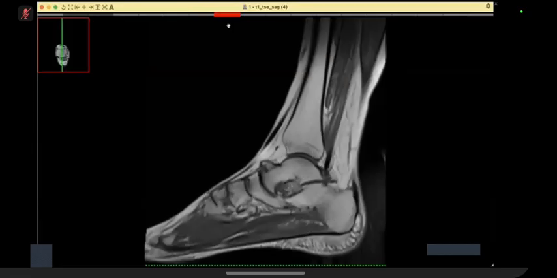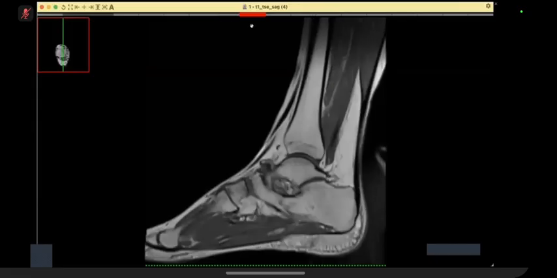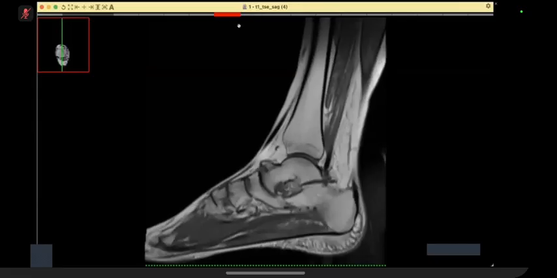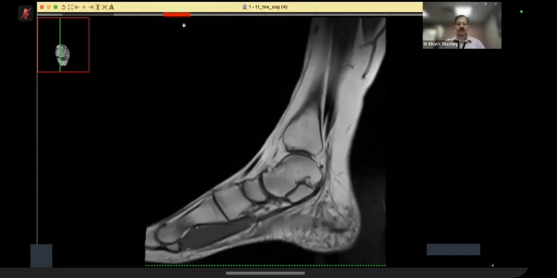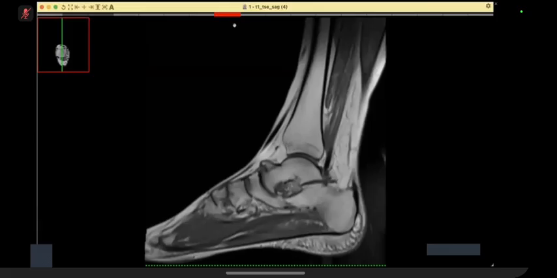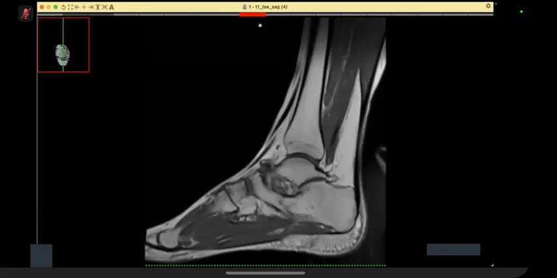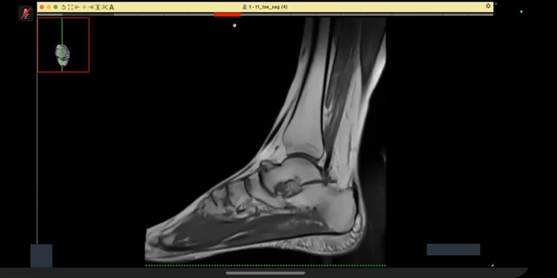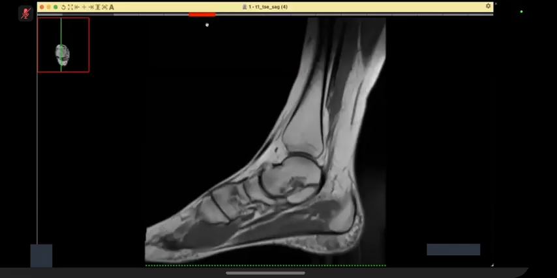It's low in T1 with an outline of lower signal. This is a PD weighted sequence. I cannot see any kind of soft tissue component adjacent to this bony outgrowth.